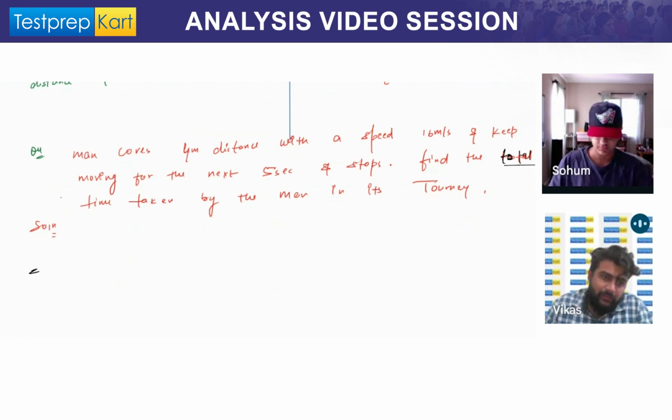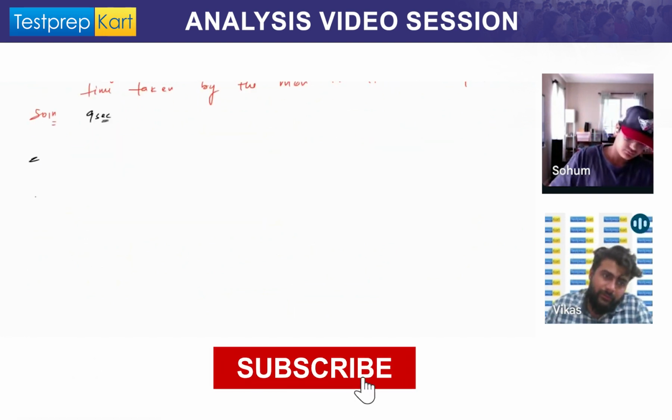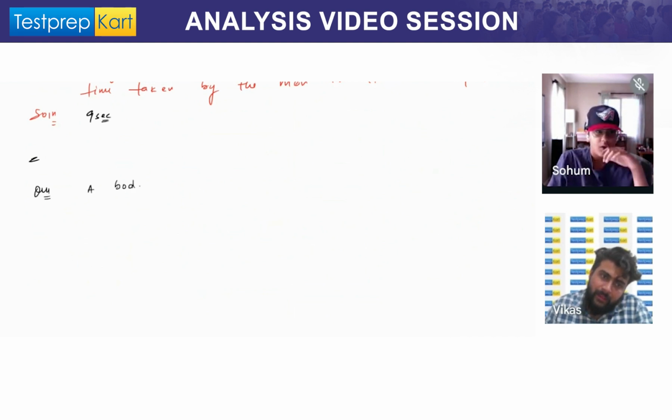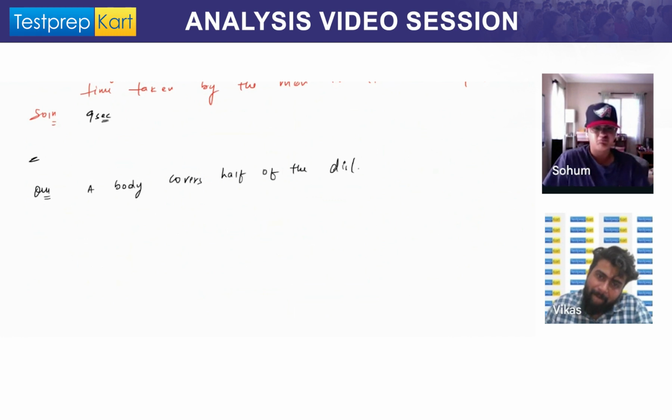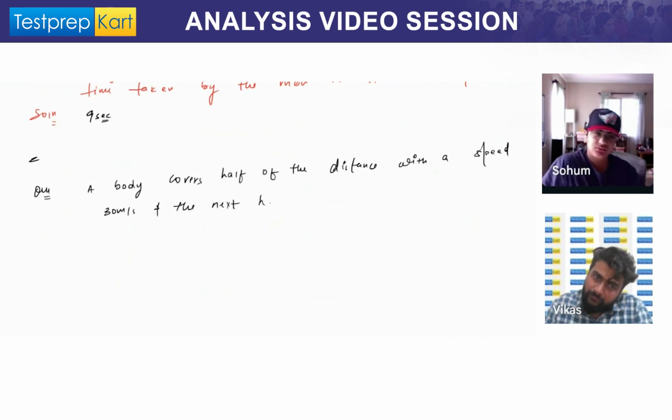Now moving to the next. So 9 seconds is the answer. Okay. So the question to you is like a body covers half of the distance with the speed 30 meter per second, and the next half with 40 meter per second.